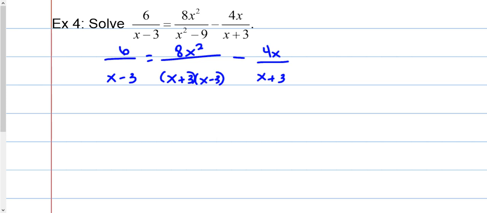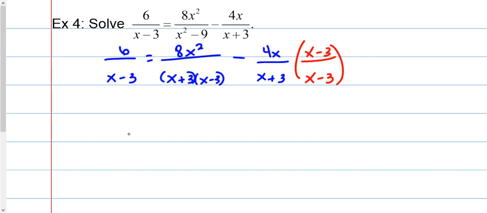Before I can work out anything on this right side, I have to be able to subtract these fractions, which means I need a common denominator. So I'm missing x minus 3 on this fraction, so I'm going to multiply both top and bottom by x minus 3.